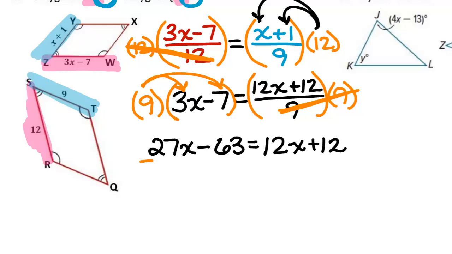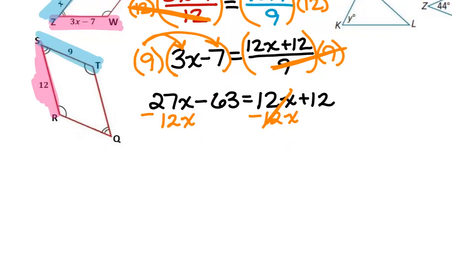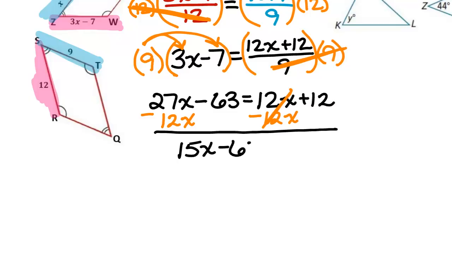Then I'm going to get my x's to the same side, so I'm going to minus 12x from both sides. Cancels out my 12x over there on the right. What is 27 minus 12? So I have 15x minus 63 equals 12. Then I'm going to add 63 to both sides.